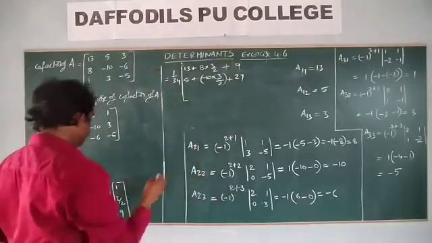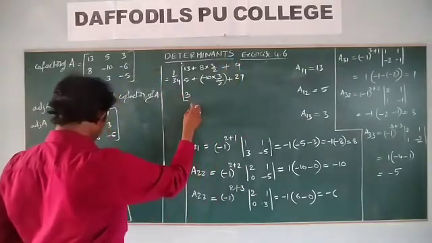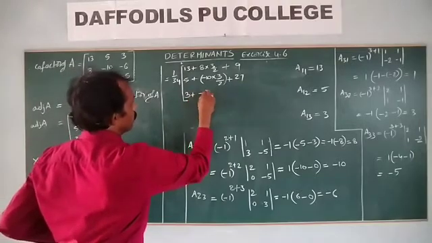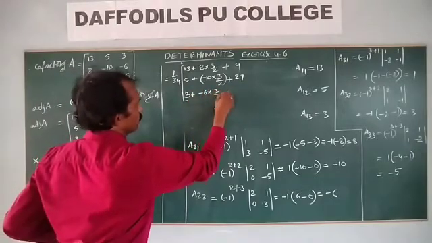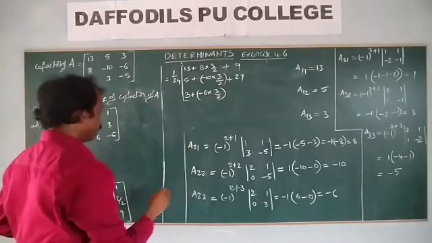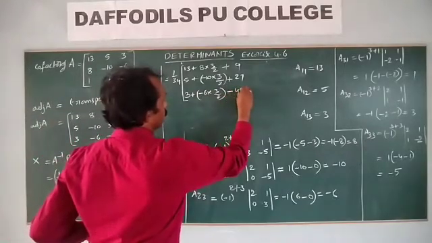Third row, this column: 3 into 1, 3, plus minus 6 into 3 by 2, minus 45.